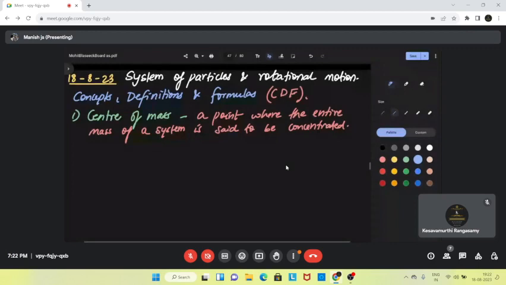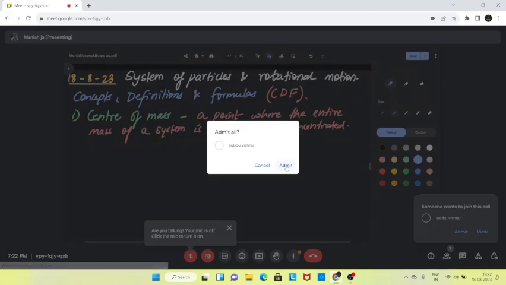Let us assume n particles. So we are assuming n particles having masses.